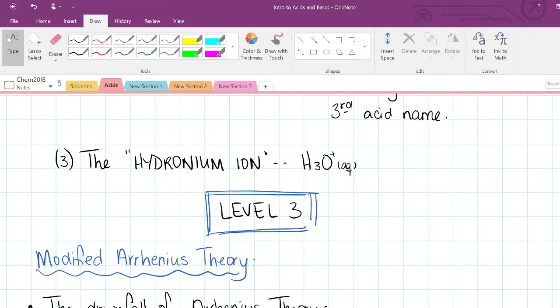Now we're going to redefine our definition to specifically talk about acids forming hydronium. If ever there's a question asking you specifically about hydrogen ion, it'll specify Arrhenius's original definition, so from here on in you can assume that we're referring to hydronium ion because of that protonation of water.